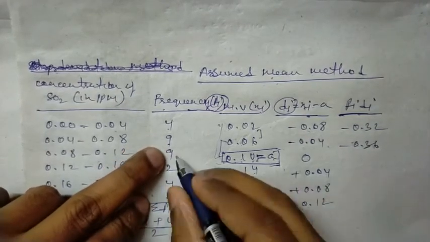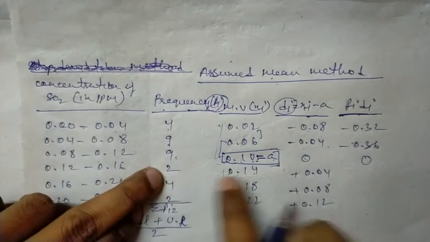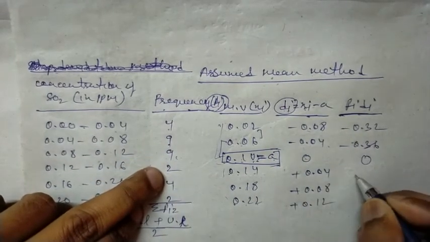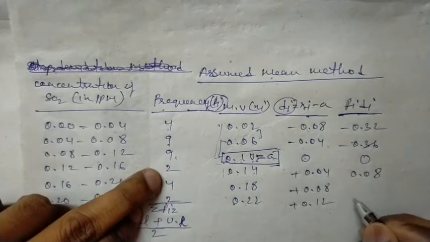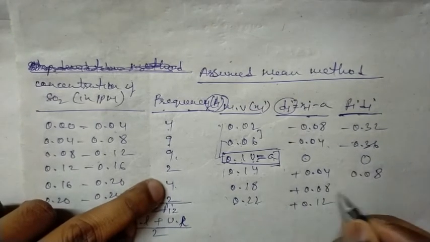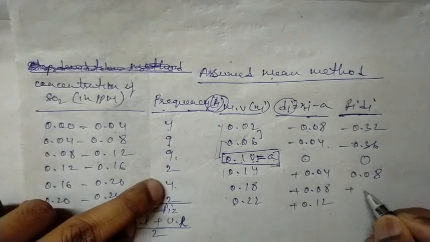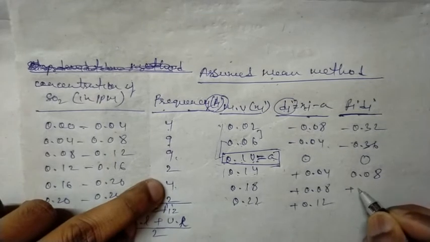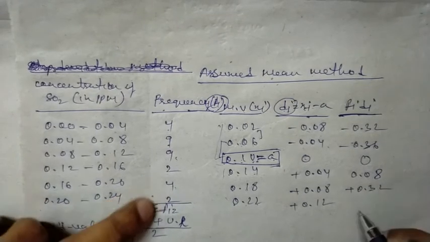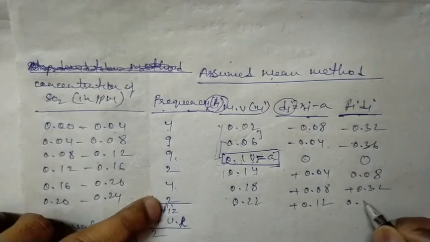Then 9 into 0 will be 0. 2 into 4 will be positive 0.08. Then 2 into 8 is positive 0.32, and 12 2s are 24.